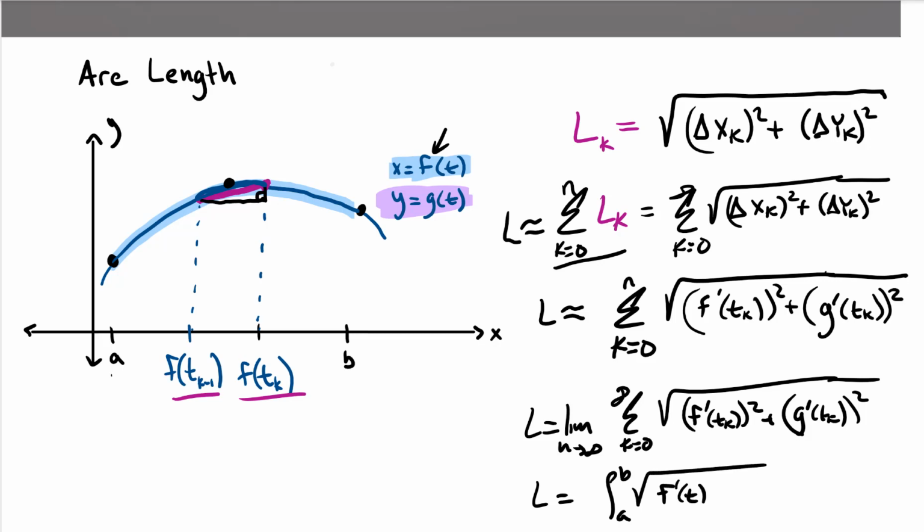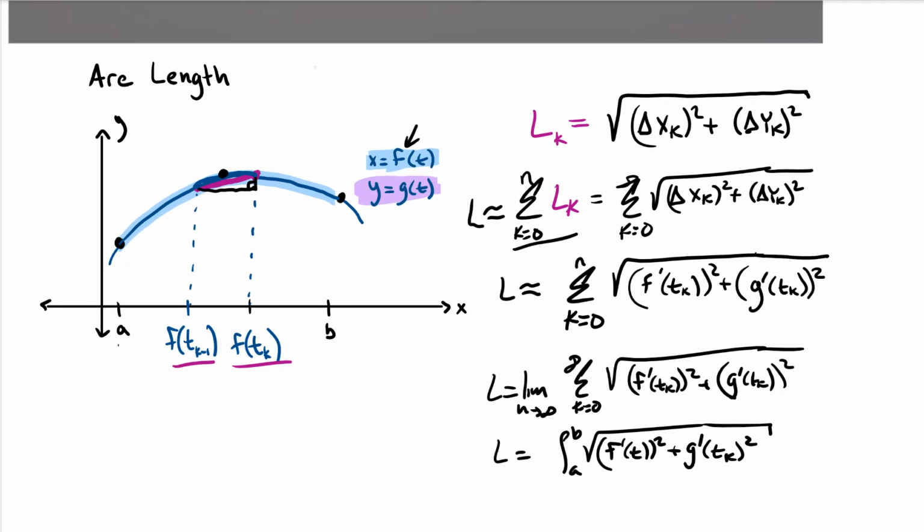Now you can drop the k's. I jumped over a lot to try and just simplify this down. I don't know whether that made it worse or better, but 5 minutes in, we now have ourselves a formula. Once you integrate it, you don't need the k's. It's now just t's because we're not adding up a bunch of sums.